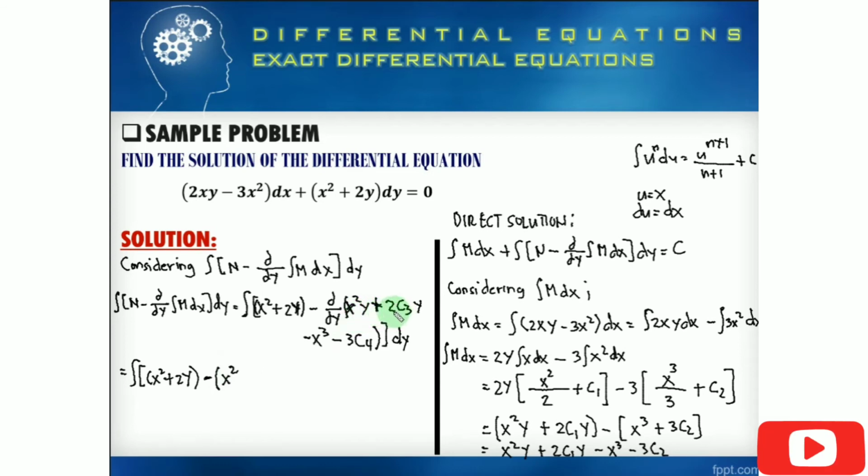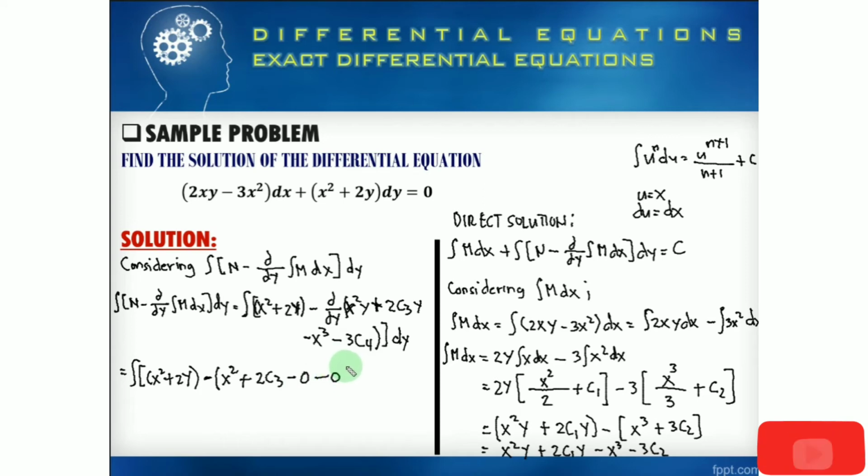For the second term, plus 2c3y, so this is also plus 2c3. Then the partial derivative with respect to y of a constant is just 0, and also 3c4, so this is 0.